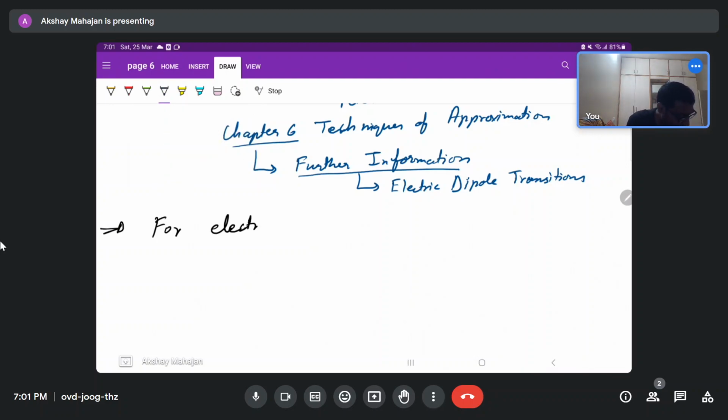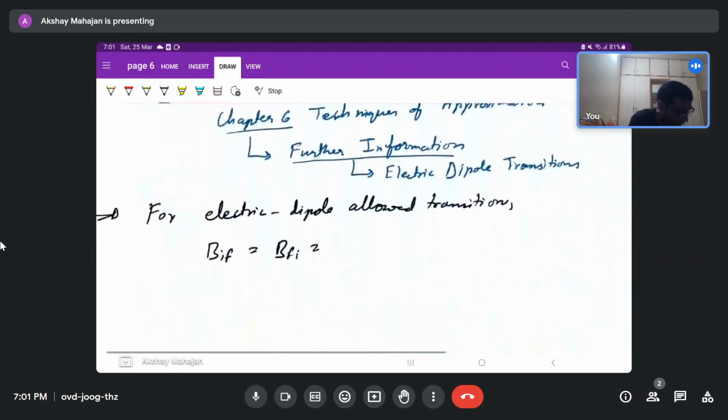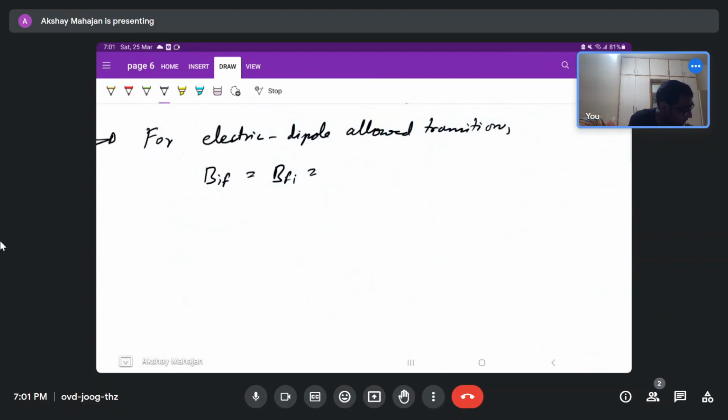For electric dipole transitions, if you go to this reference, you find that the Einstein coefficient B, which is for the absorption rate, or here the stimulated emission rate, is given by the mode square of the vector mu_Fi divided by 6 epsilon naught h cross square, where epsilon naught is the permittivity of vacuum and h cross is the reduced Planck constant.